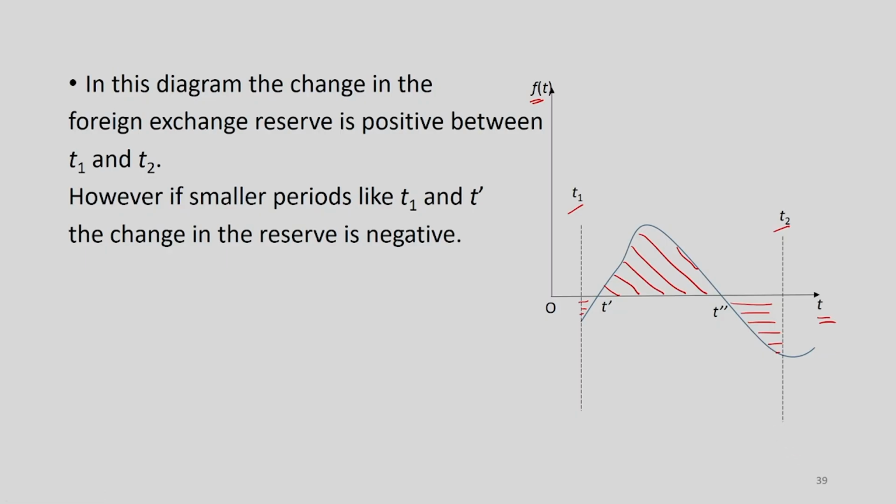The areas above the t axis are the increment in the foreign exchange reserve, and these below are depletion.